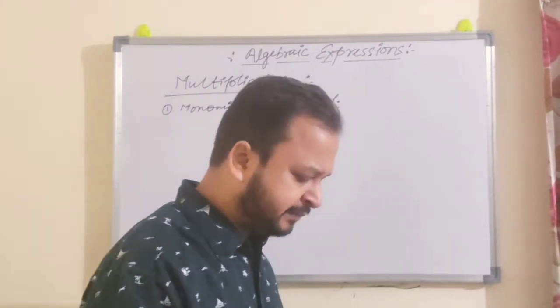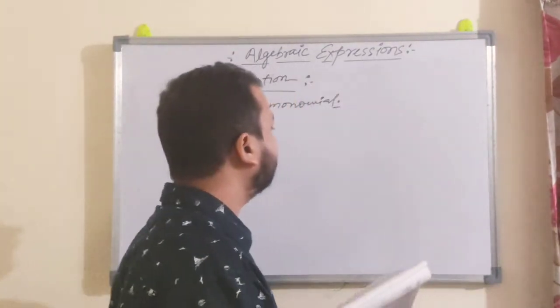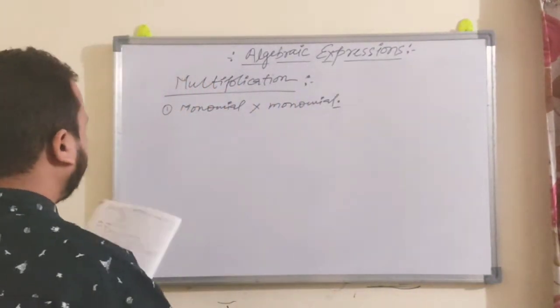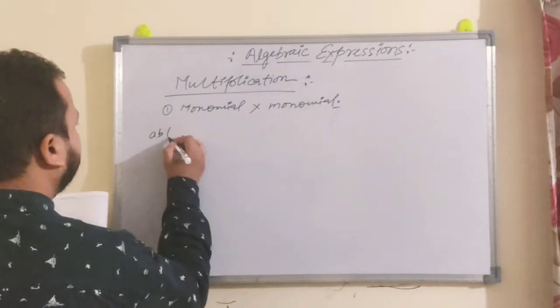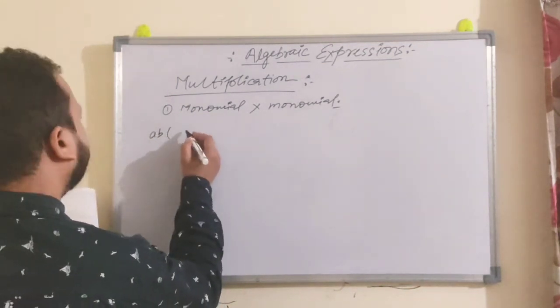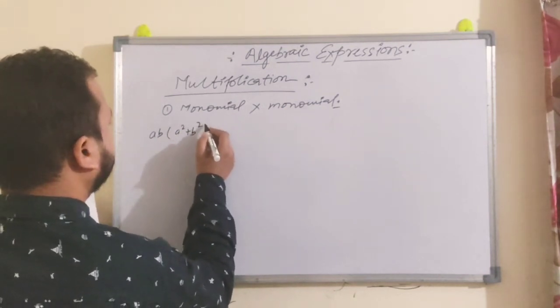The question reads as: find the product of AB with A square plus B square.